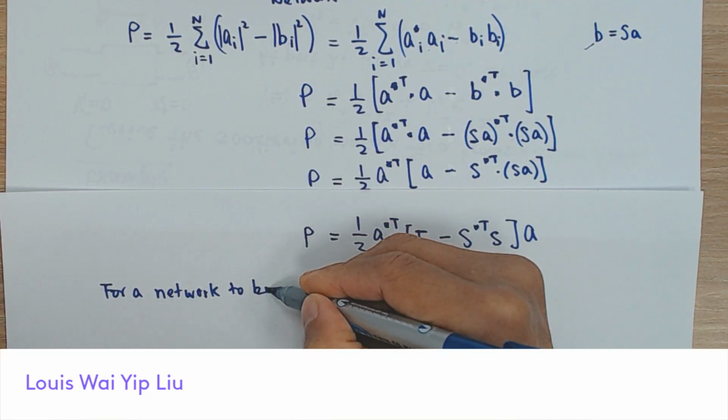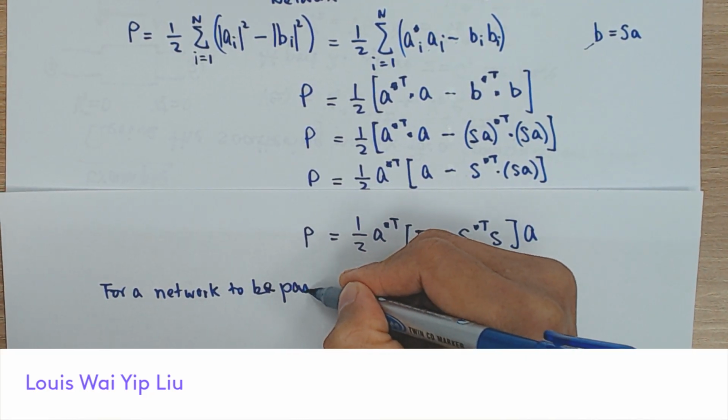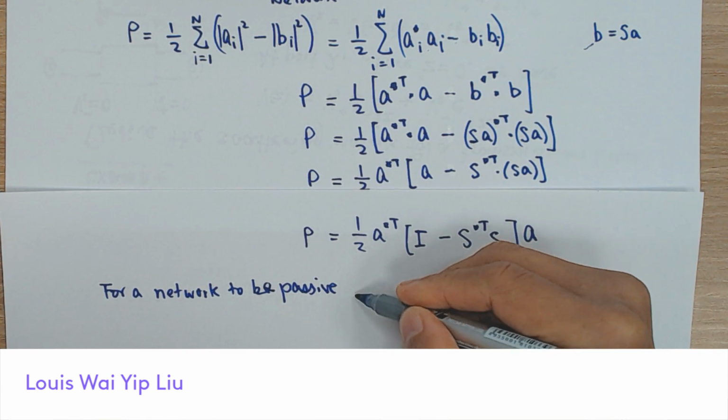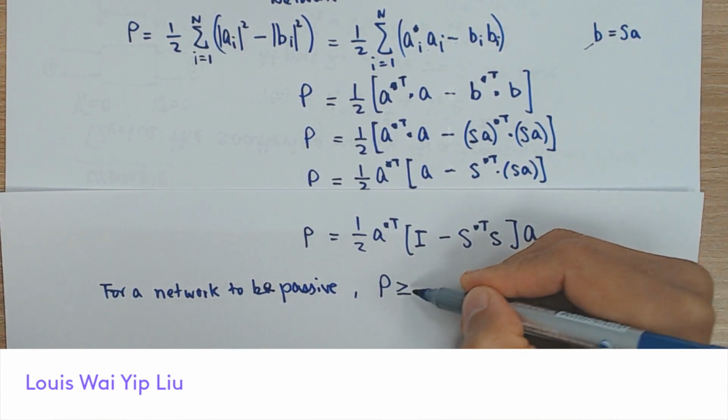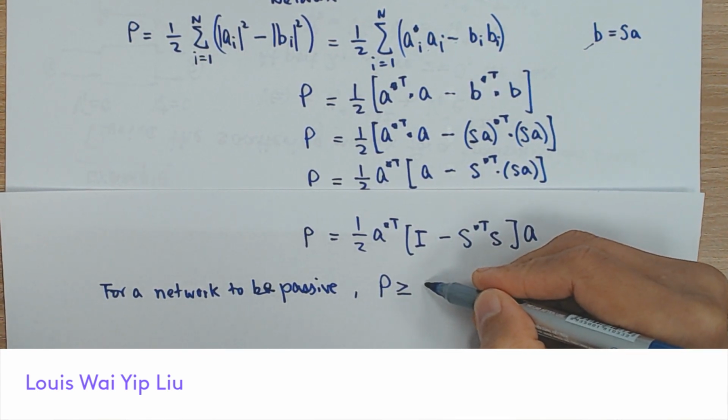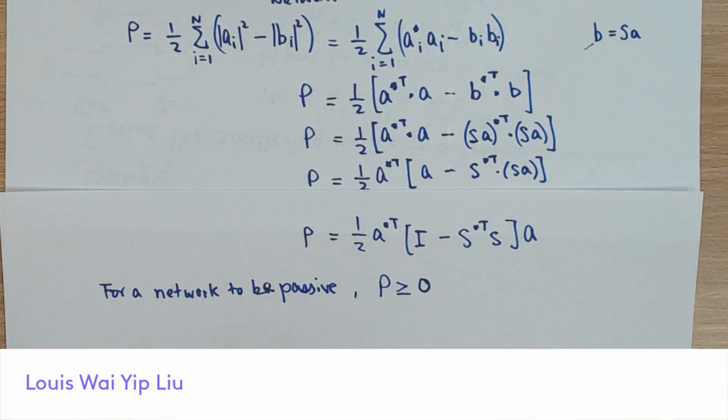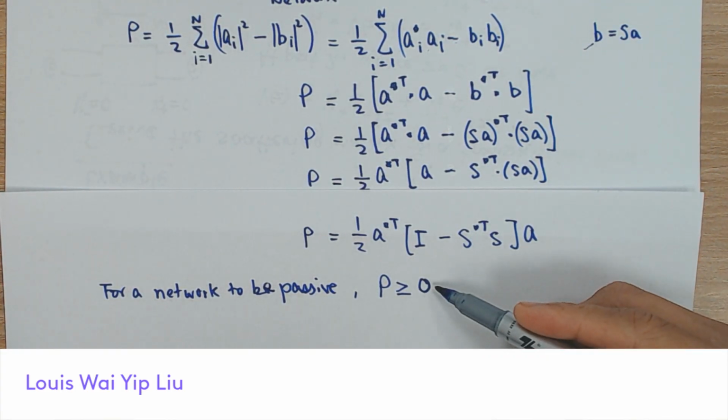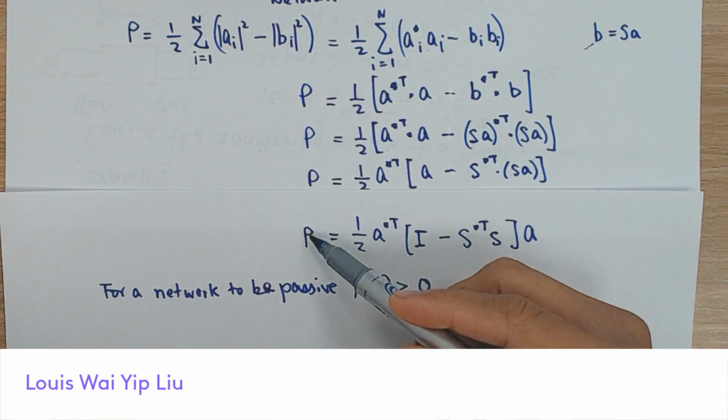To be passive, P should be greater than or equal to 0, where 0 means the zero matrix and P is a matrix.